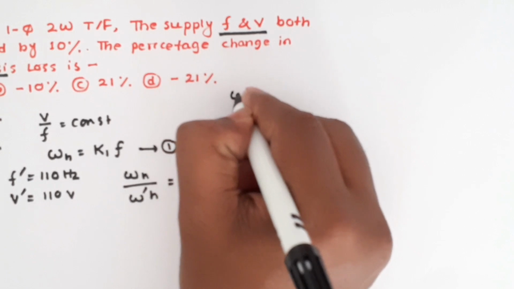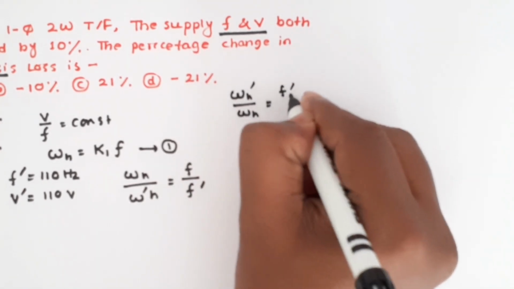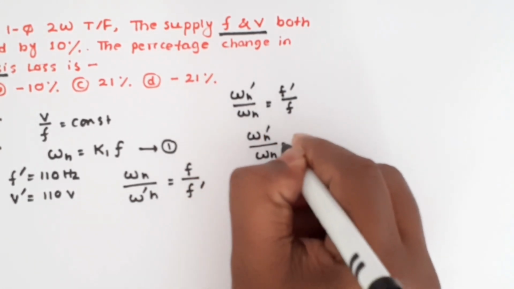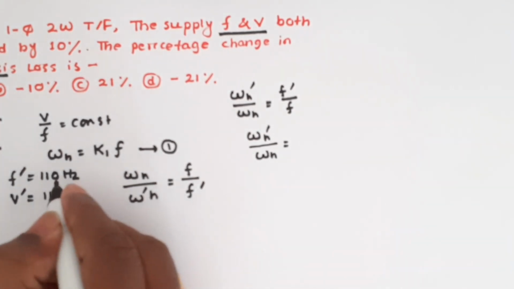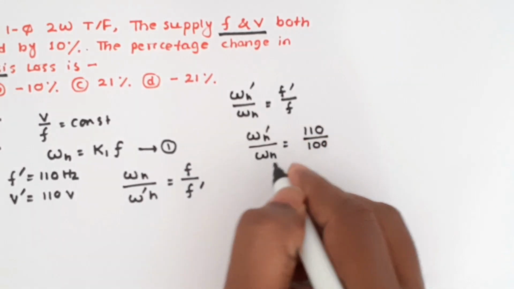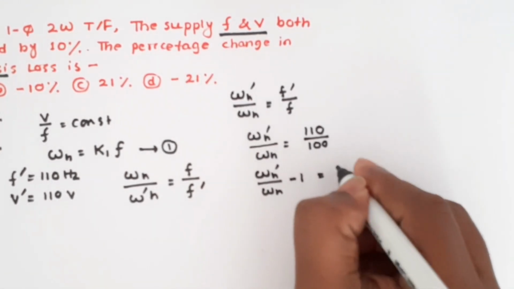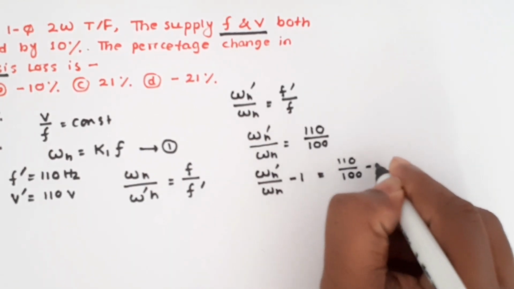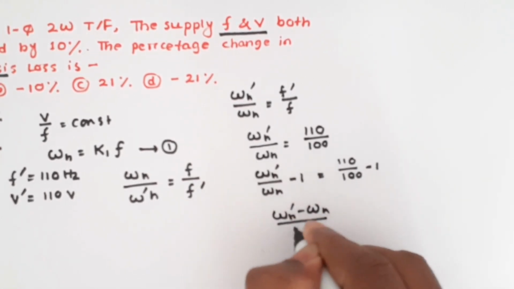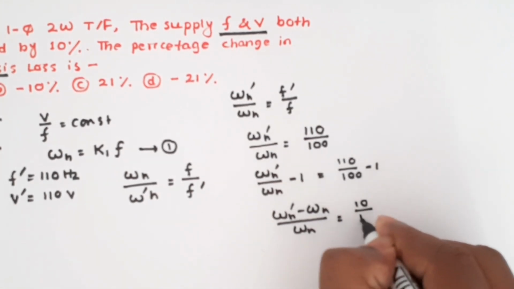Therefore, I can write W of H dash by W of H equal to F dash by F, that is 110 by 100. Subtracting 1 from both sides, W of H dash by W of H minus 1 equals 110 by 100 minus 1. Therefore, after simplification, it becomes 10 by 100.